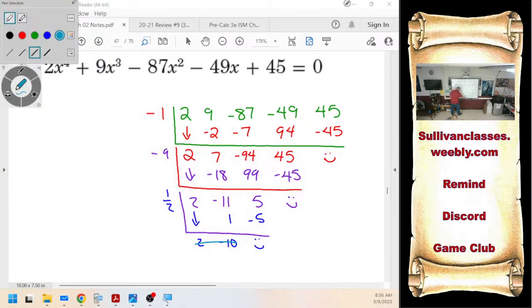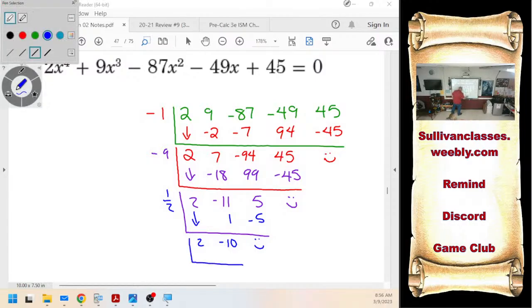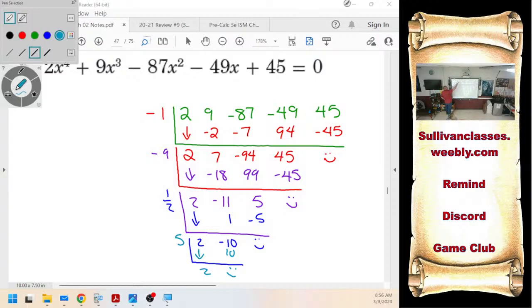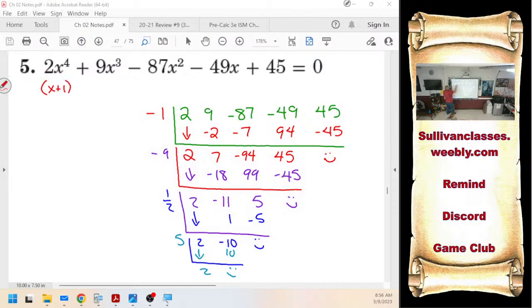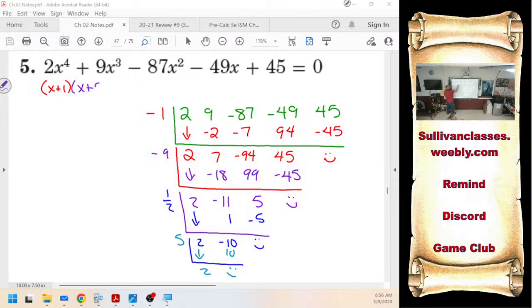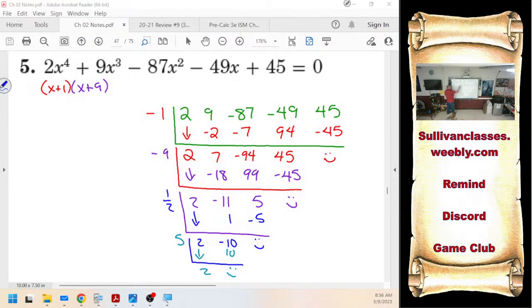Well, you know what? I'll leave it there and I'll show you why this is necessary. If you stick 5 here, 2, 10, but look at what's left at the very end. So what we have here as a factored form is x plus 1, x plus 9. Because I wrote it like this, x minus 1/2.